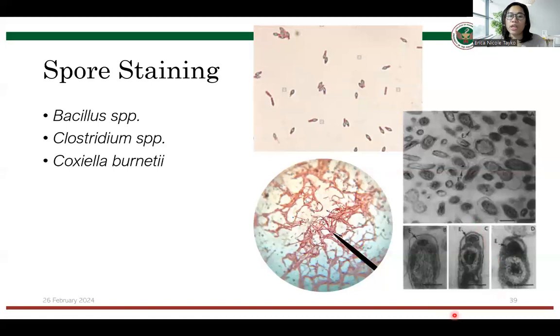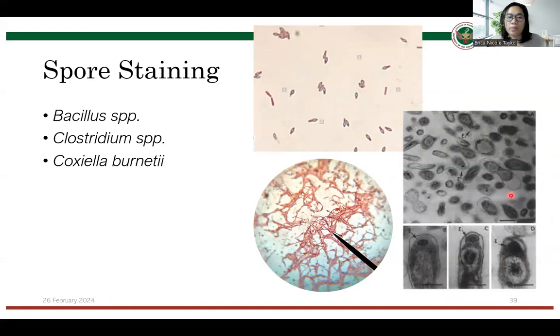Kasi diba, the spores, they are composed of outer proteinaceous na mga coating that are resistant to harsh environmental conditions such as yung mga extreme heat or changes in pressure and pH, for example. So nagpo-form ng spores yung bacteria, and then when the environment conditions are back to favorable conditions, so babalik sila sa vegetative state nila. Okay?